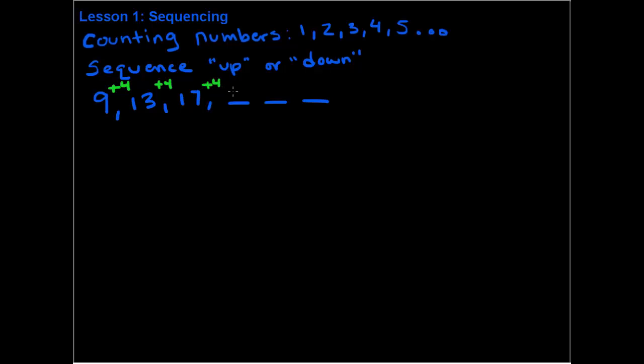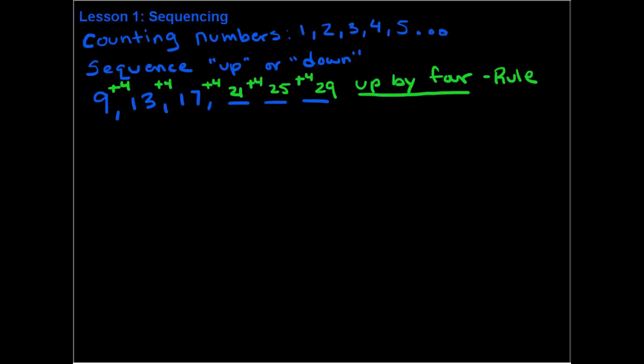So 17 plus 4 is 21. 21 plus 4 is 25. And 25 plus 4 is 29. So in this sequence, I know that the rule is up by 4. This would be my rule.